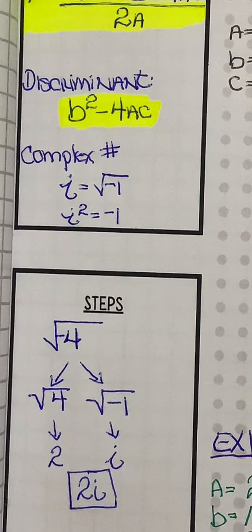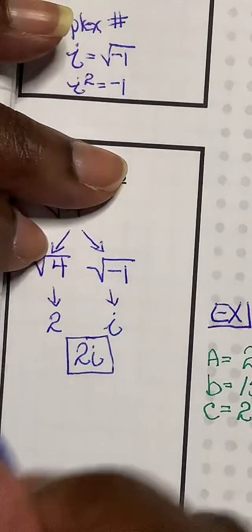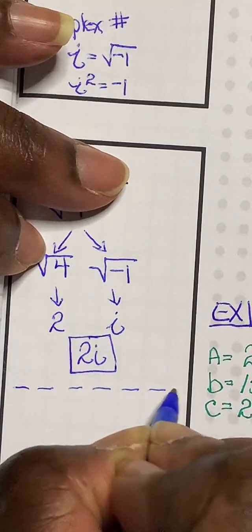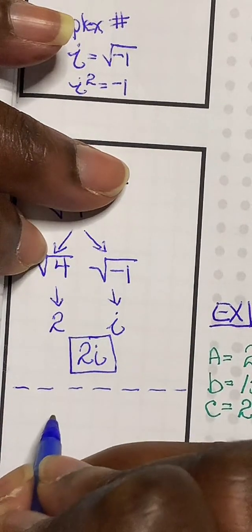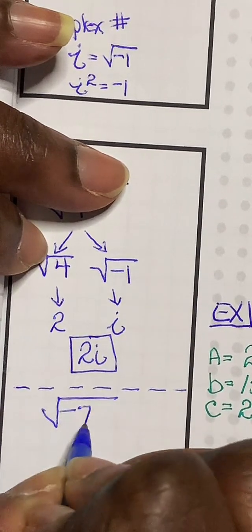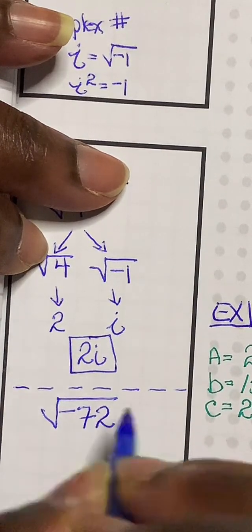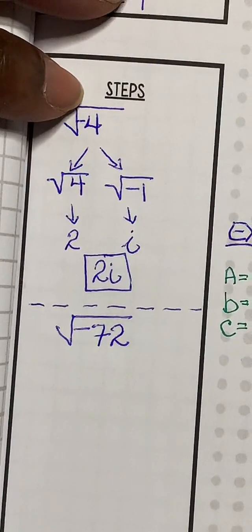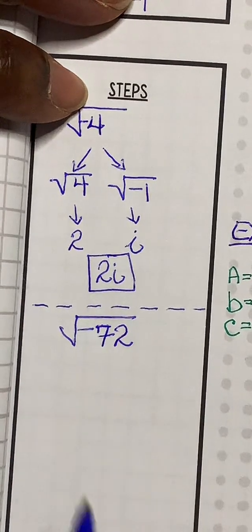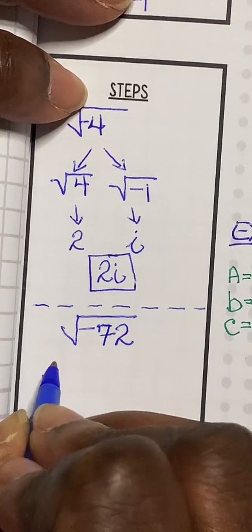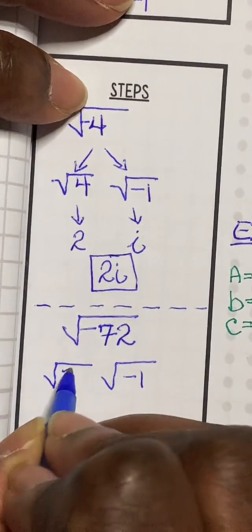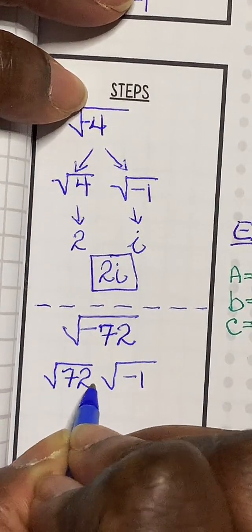All right. So if I said, let's put another example up here. If I said the square root of negative 72, the first thing I would do is turn that negative 72 to a positive square root of 72.